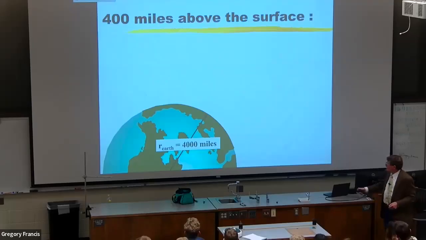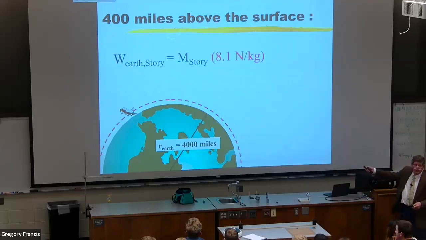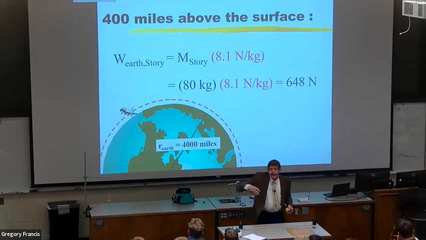Well, if we look 400 miles above the surface, my gravitational field strength is going to be weaker, but not a whole lot weaker. It's going to be 8.1 instead of 9.8, okay? And now I can find the weight, the gravitational force, by taking the mass of Story times the gravitational field strength up there, and I get the 648. And yet the newspaper said, he's weightless. He's weightless.